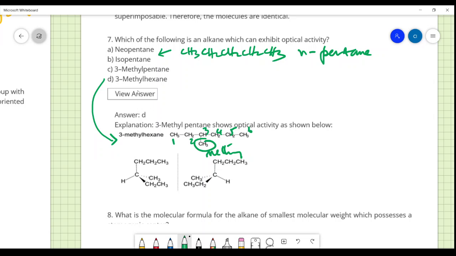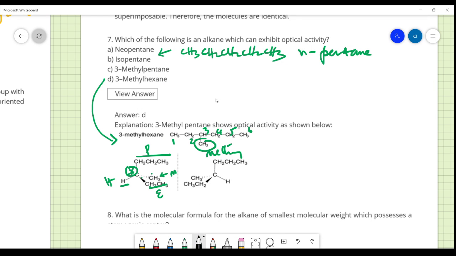So there is a confusion there, so let us try to solve that out. You can see that you have an ethyl group here, a methyl group here, a propyl group here, and a hydrogen there. Therefore this is an asymmetric carbon atom. So 3 plus 1, 4, 5, 6: you can write this as 3-methyl hexane.